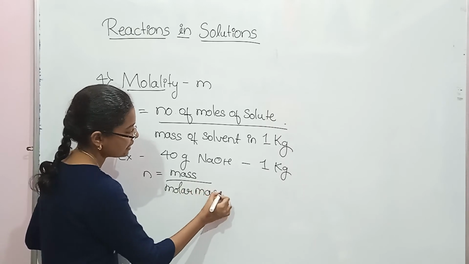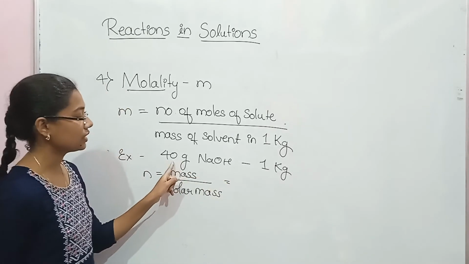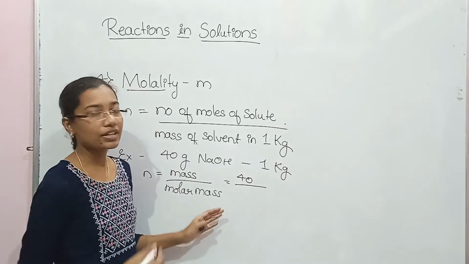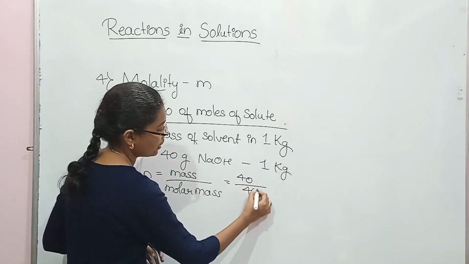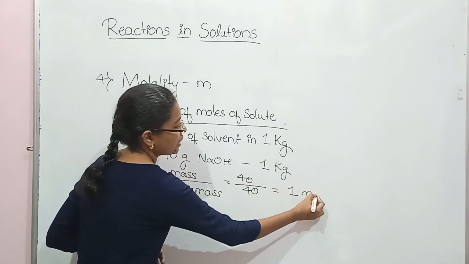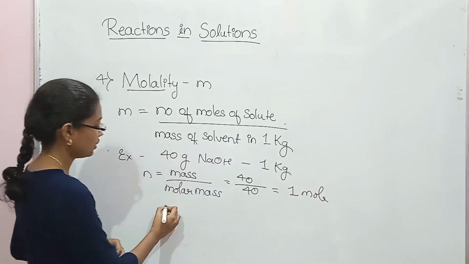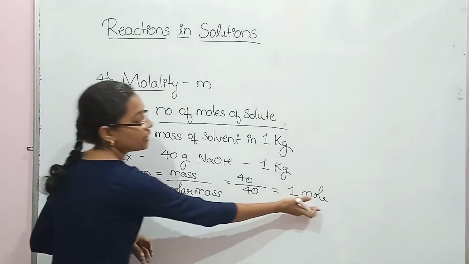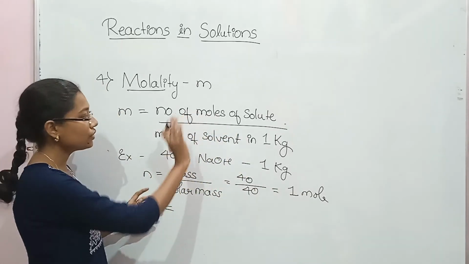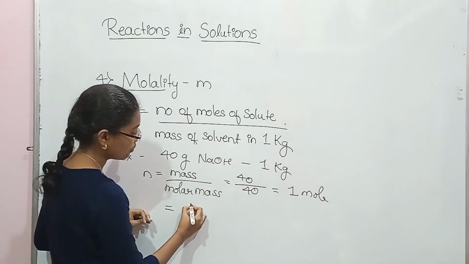This is the mass they have given, 40 grams. And what is the molar mass of NaOH? That is also 40. So we get 1 mole. Now we got it in moles, so we put that into the formula.